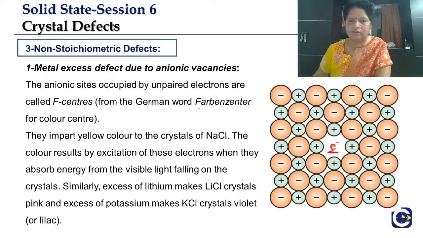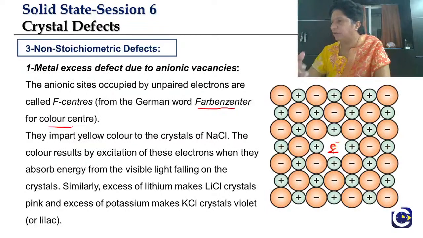It's a German word, Farben-Center, which means it's a color center. Why does it give a color? It absorbs light in the visible region, or let me say the temperature in a flame is enough for the excitation of electrons.